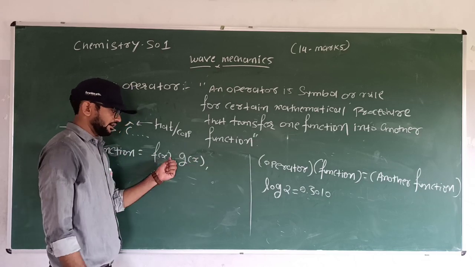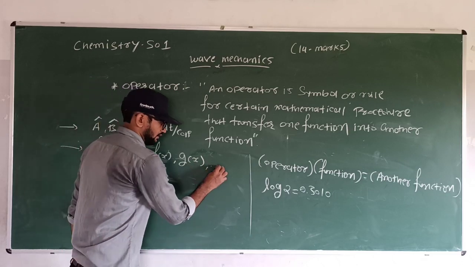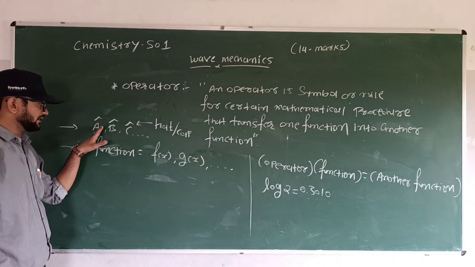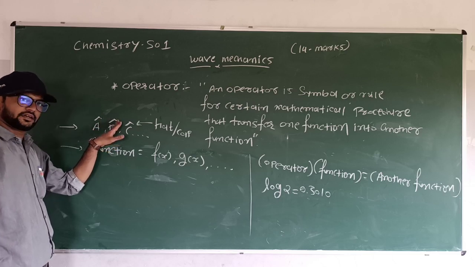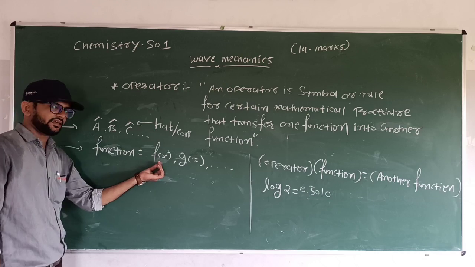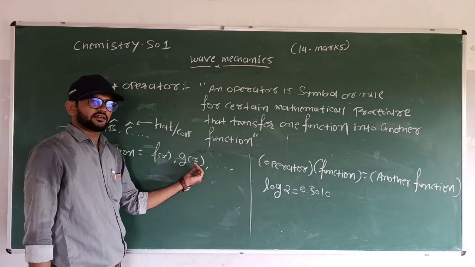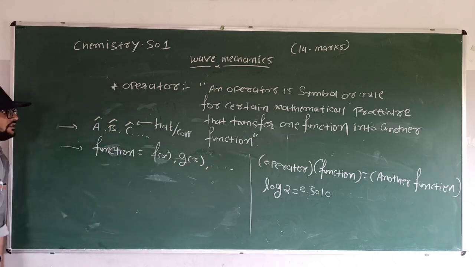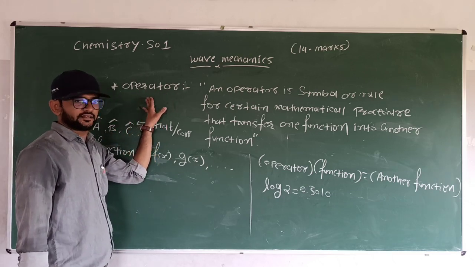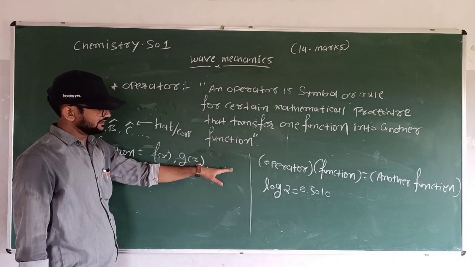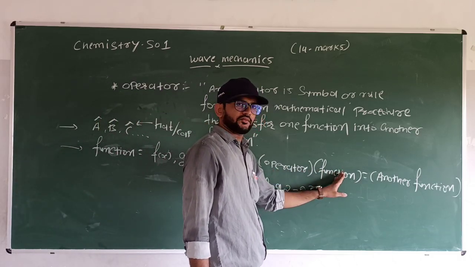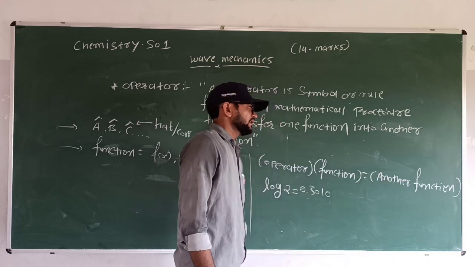If third, then fx, gx, hx. These are the symbols used to denote operators and functions: capital A cap, B cap, C cap for operators, and fx, gx, hx, etc. for functions. So in this first unit, this is the simple definition: the work of an operator is to take a function and convert it into another function.